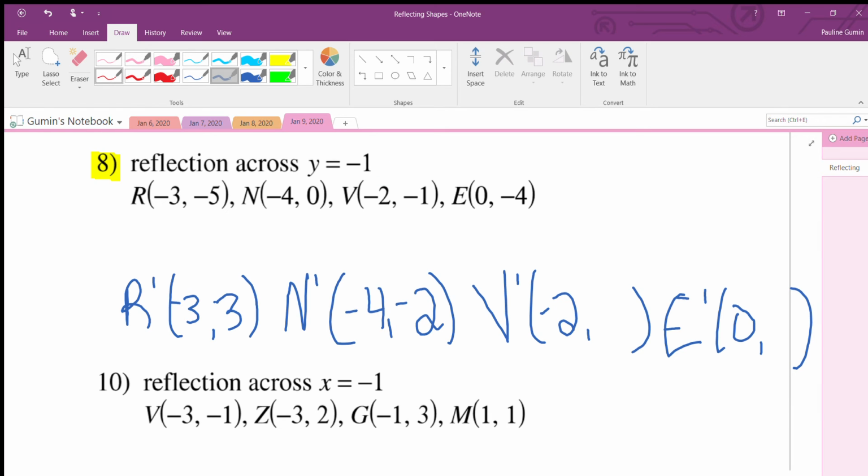All right. For v prime, to get from -1 to -1, this is going to sound silly, but bear with me, I add 0. So I'm going to also add 0 over here. If you have a point that exists on the line of reflection, it will remain there.